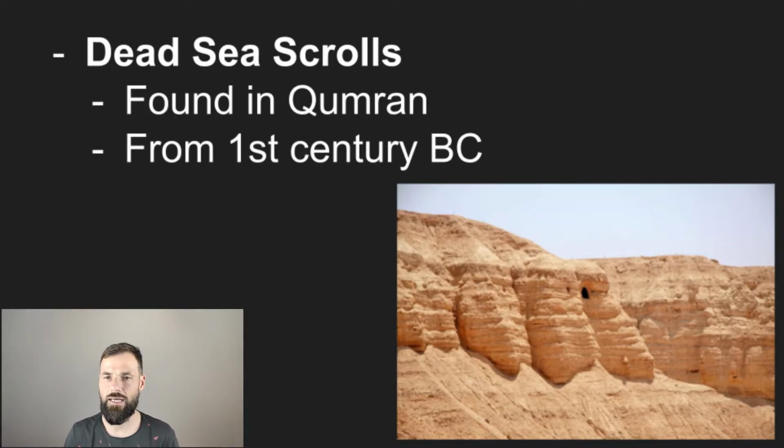This community is sometimes considered to be an Essene community. Essenes were one of the Jewish sects, just like Pharisees and Sadducees. We can't be sure about this particular thing. And in the caves where this community preserved their treasured scrolls, 2 fragmentary scrolls of Deuteronomy were found.